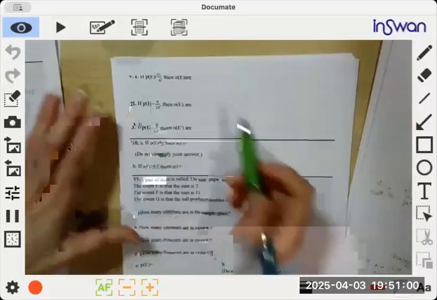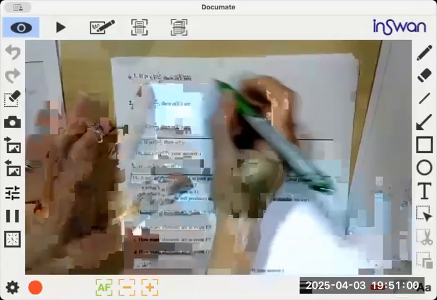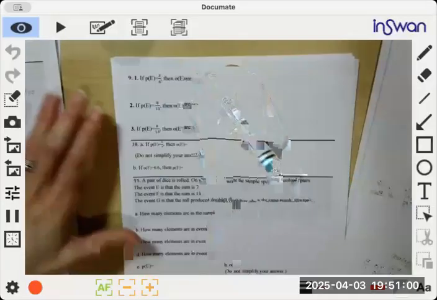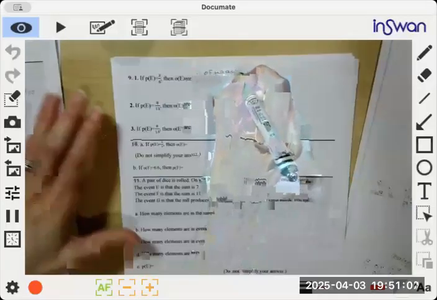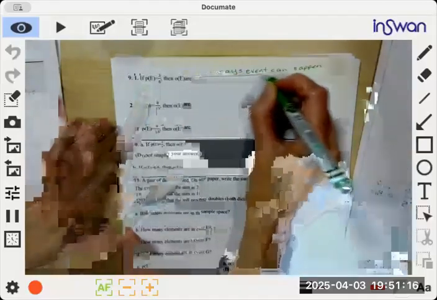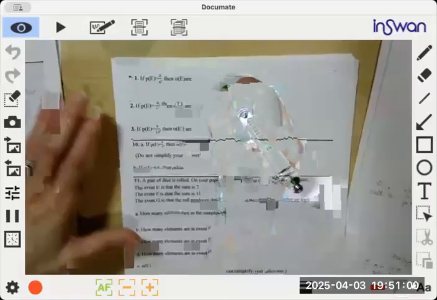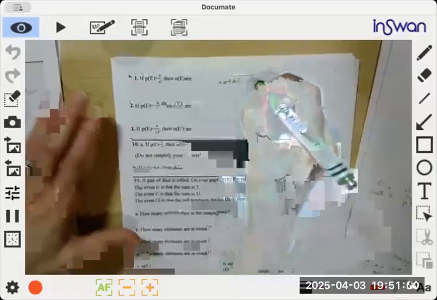But okay, so probability is the number of ways the event can happen over the total sample space.